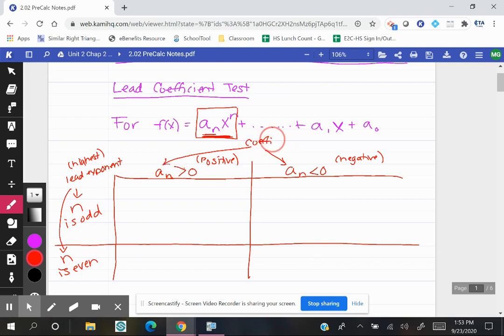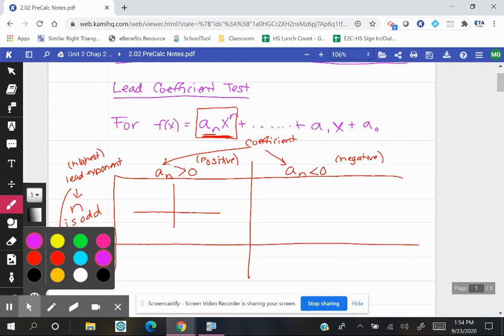So is the first term positive or is it negative? Is the exponent even or is the exponent odd? So let's say in this first box, a sub n is greater than 0, so the first term is positive and n is odd. Then you would have a graph that it tells you two things.